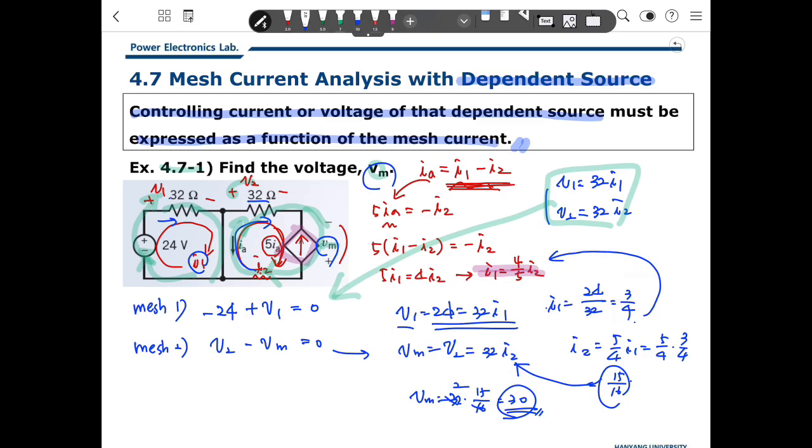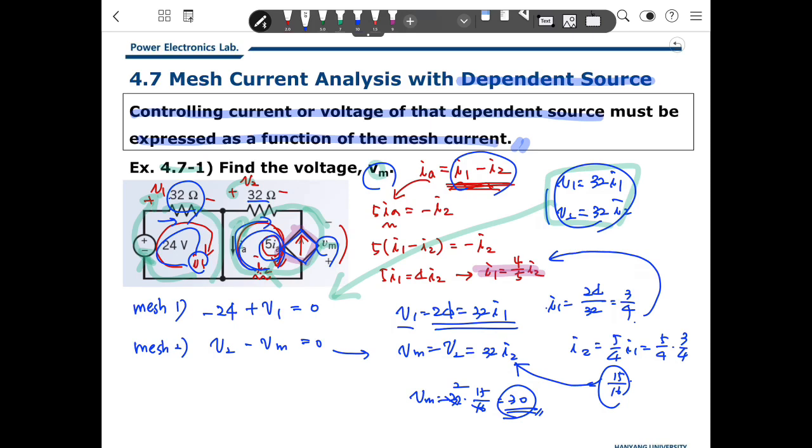So what is the difference compared to the previous ones? Because there is a current source, a dependent source, at first we redefine the value of the current source based on the mesh current. Then we start the same things. First, we make the elemental voltages here. Second, make the mesh equations.